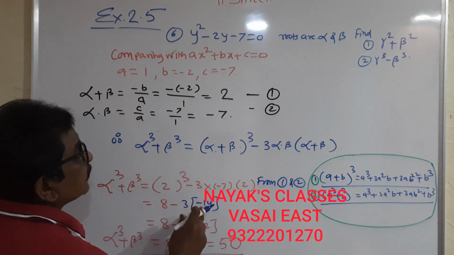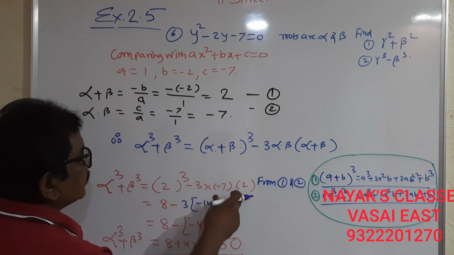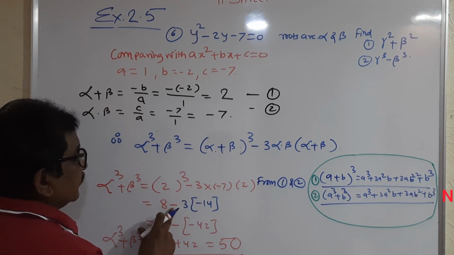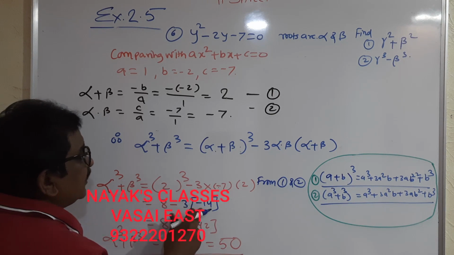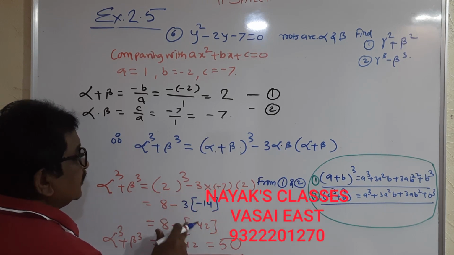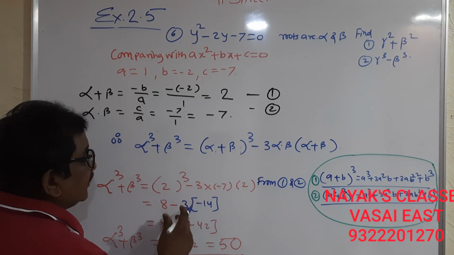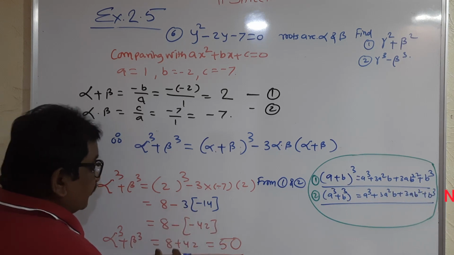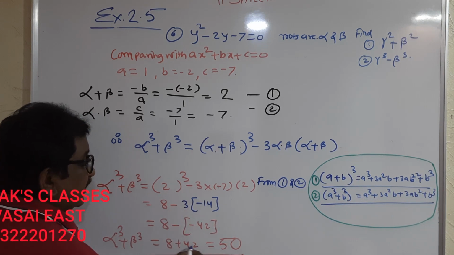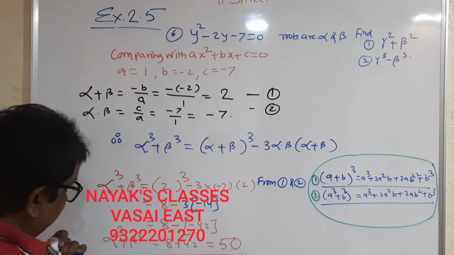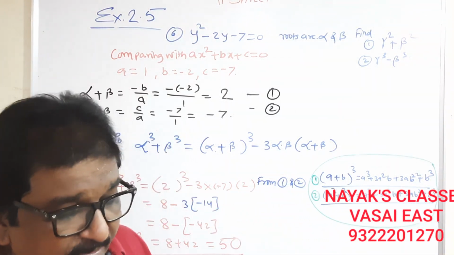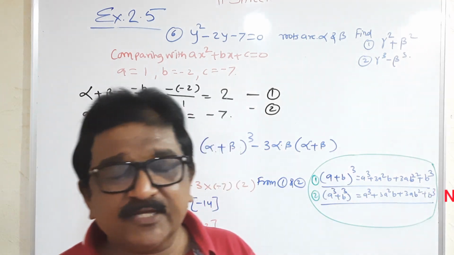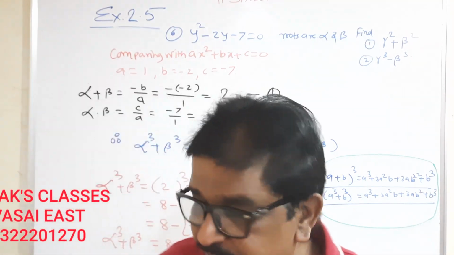So this minus 3 into minus 14 is actually minus 42, and after opening the bracket it is 8 plus 42, which is equal to 50. So the final answer of alpha cube plus beta cube is 50.